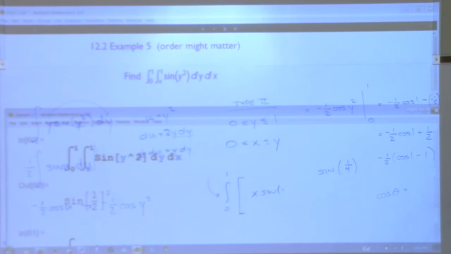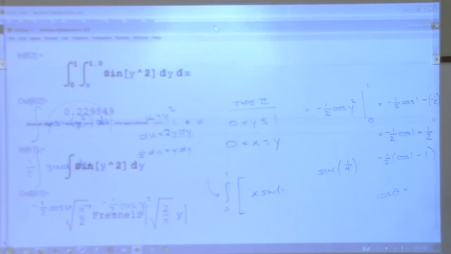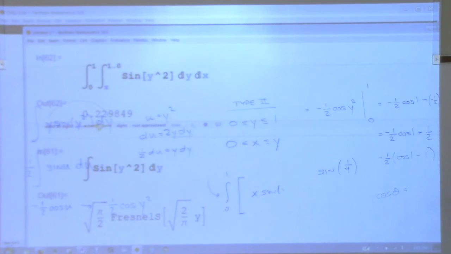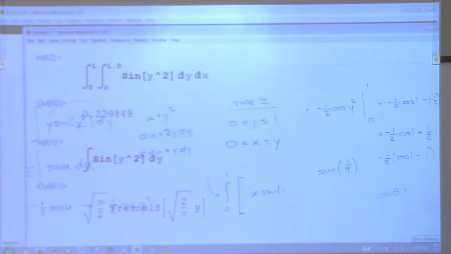Let's go back to this one, the first one up here. I'm going to get that as an answer. So the answer to this should be, can y'all see it over there? 0.229849, something like that. That's what the computer says. So I'm going to grab my calculator real quick and see if I get that answer here.